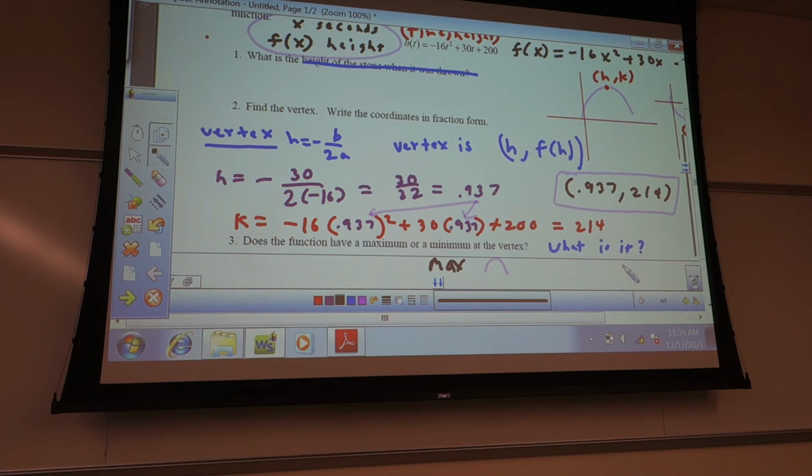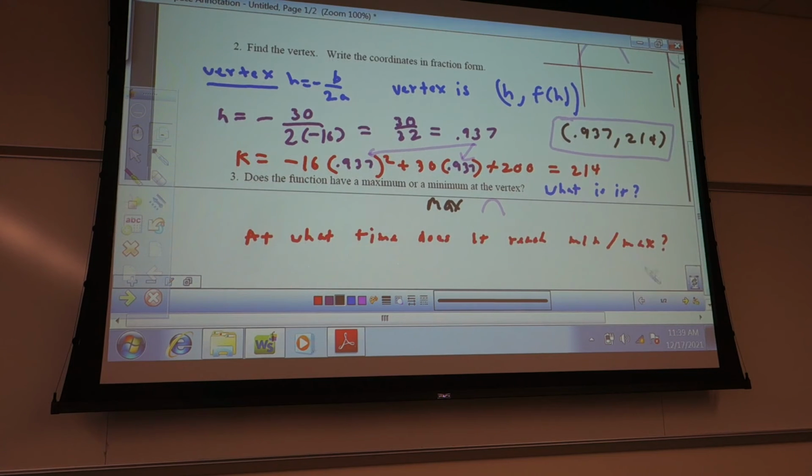The maximum is your output. What's my output, my x or my y? Y. What's my maximum output? 214. Does y represent my time or my height? Height. So 214 feet. At what time does it reach that maximum? 0.937 seconds. Good.